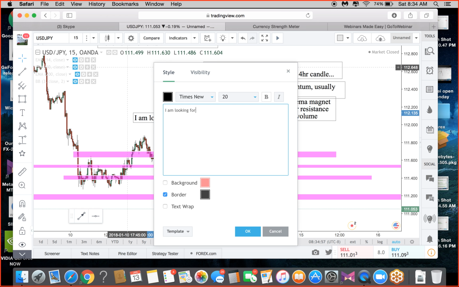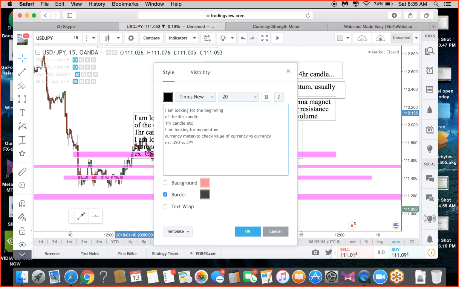I am looking for the beginning of the 4-hour candle, 1-hour candle, etc. I am looking for momentum, and the currency meter to check the value of currency versus currency, like US dollar versus the Japanese yen.